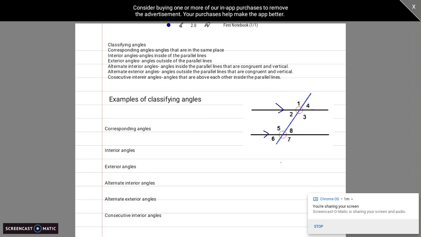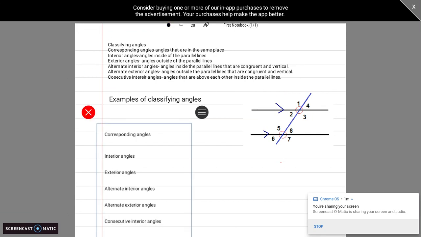The first angle relationship I want to talk about is corresponding angles. These are angles that are in the same place.